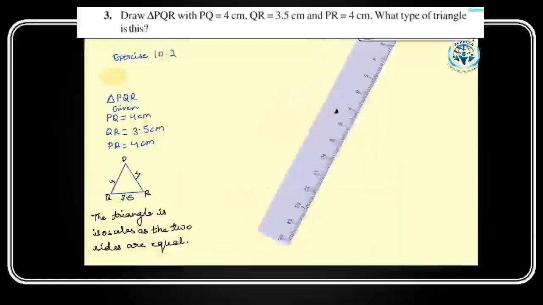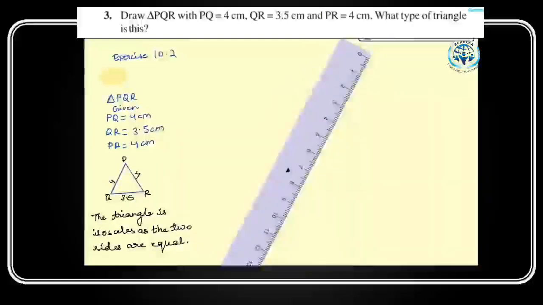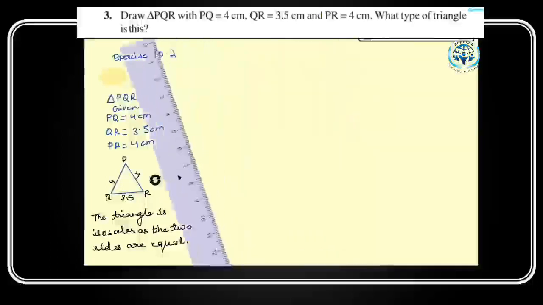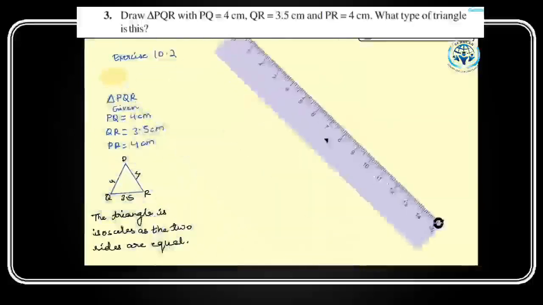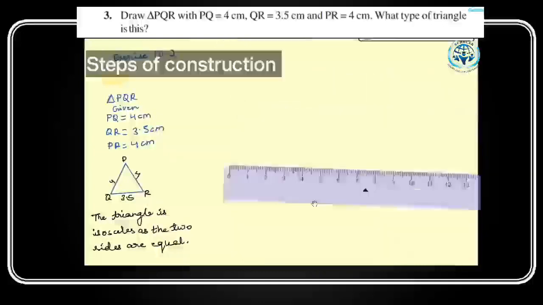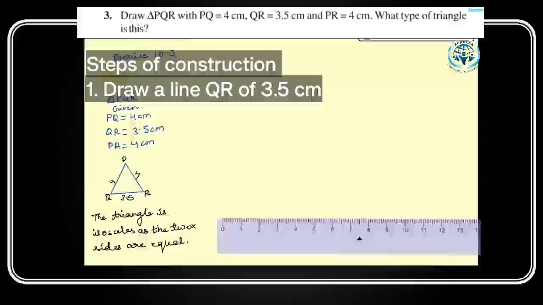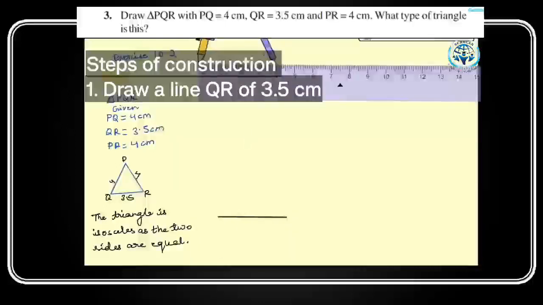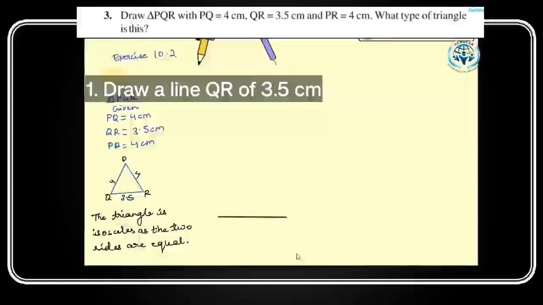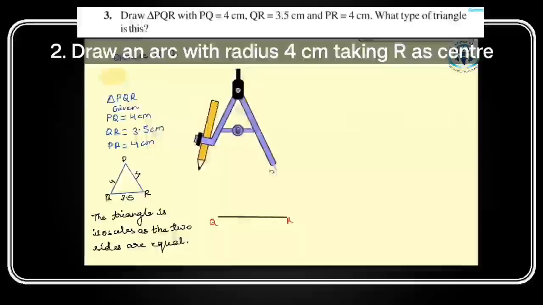Draw QR 3.5 centimeter. Do not forget to draw a rough sketch before beginning the real construction using compass and ruler. Taking 4 centimeter radius, we will draw an arc taking R as center.